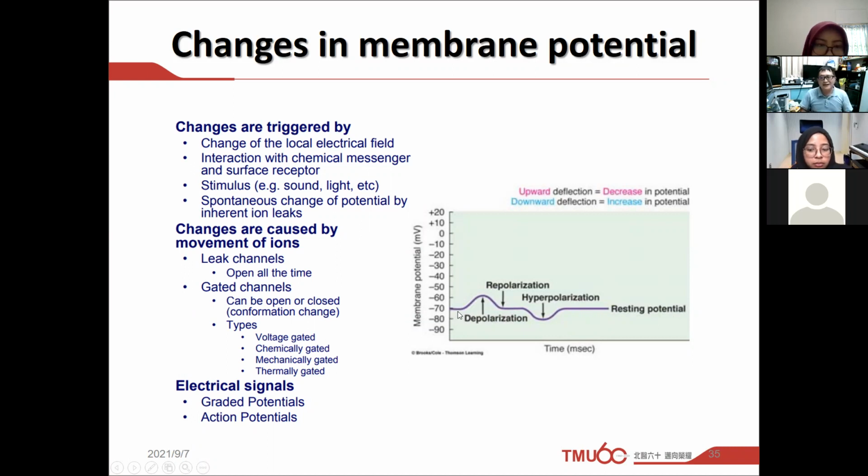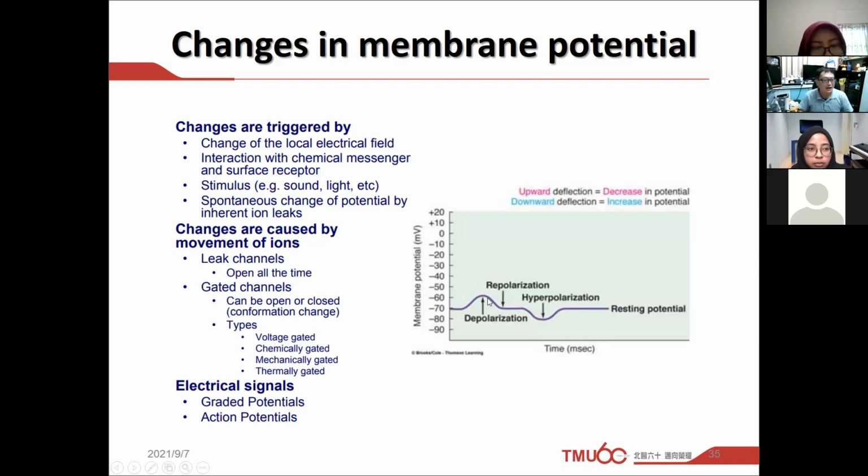After receiving the signaling, after increased ion, in this curve we call it depolarization. In other words, the voltage increases from minus 70 to get close to zero, we call it depolarization.